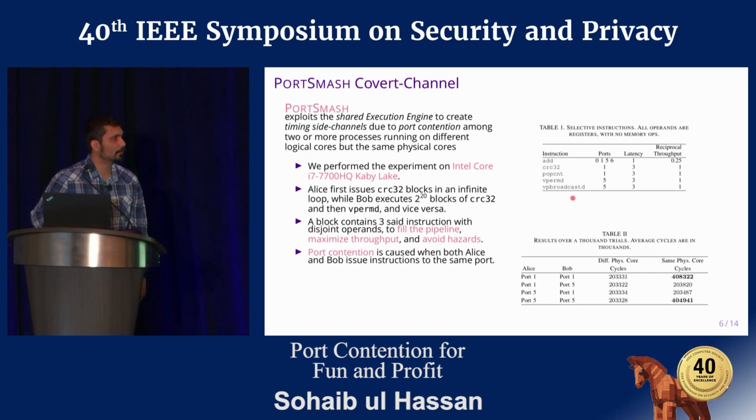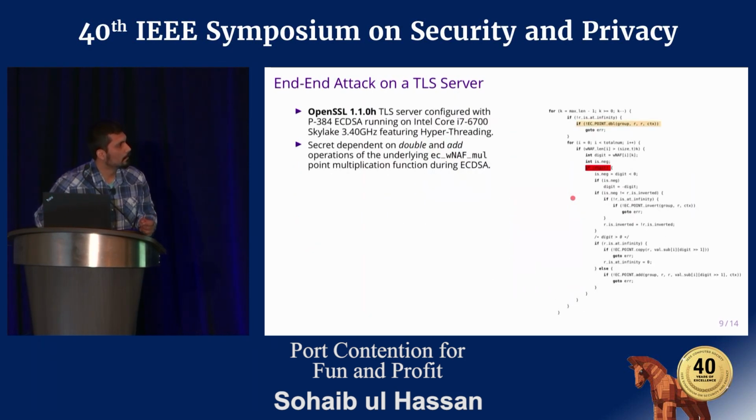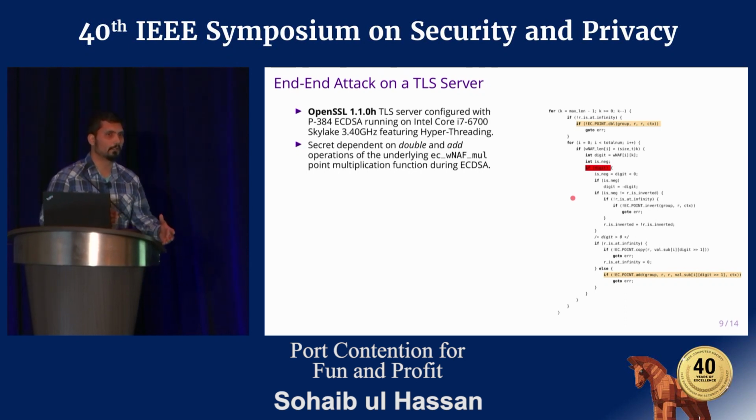Yeah. So your question is that in the attack we used the add instruction. No, actually that add is a different add. This is related to the implementation of the elliptic curve crypto. We have a double operation in ECC, and then we have an add operation.